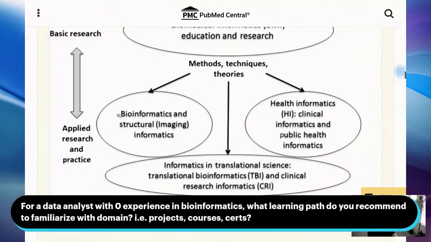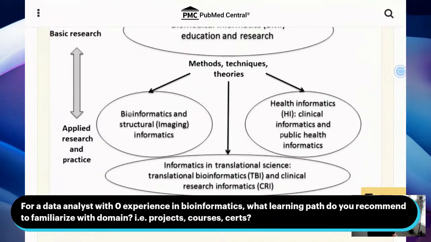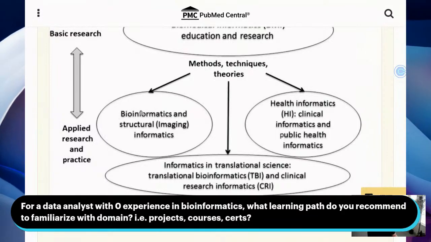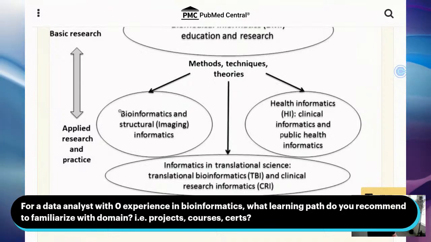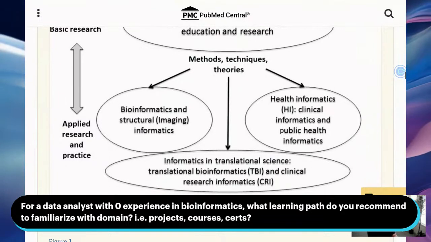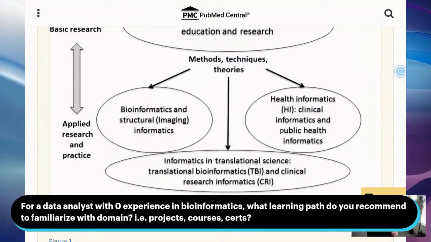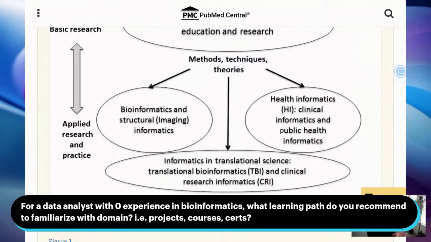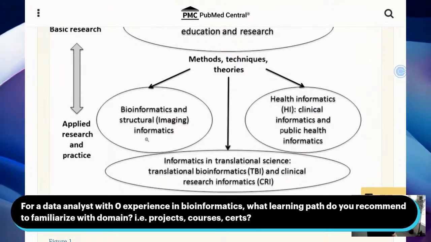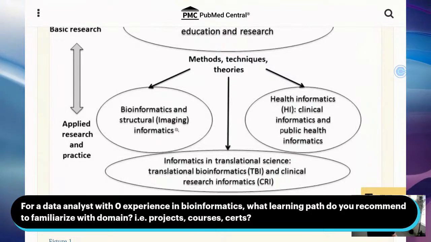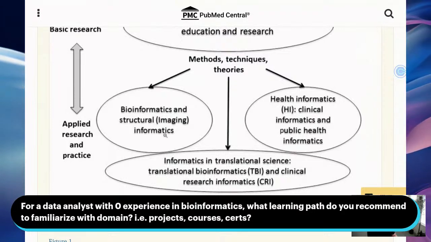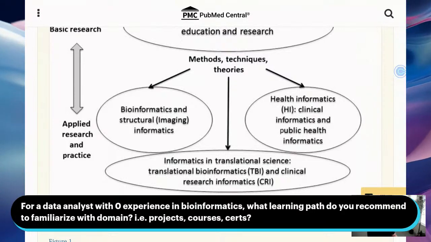But bioinformatics is more research based, and it's down at this molecular level. So if you like researching new genes and genetics, things like that, it's bioinformatics. And then imaging informatics is like radiology. I usually think of that as radiology, probably a lot of imaging analysis.